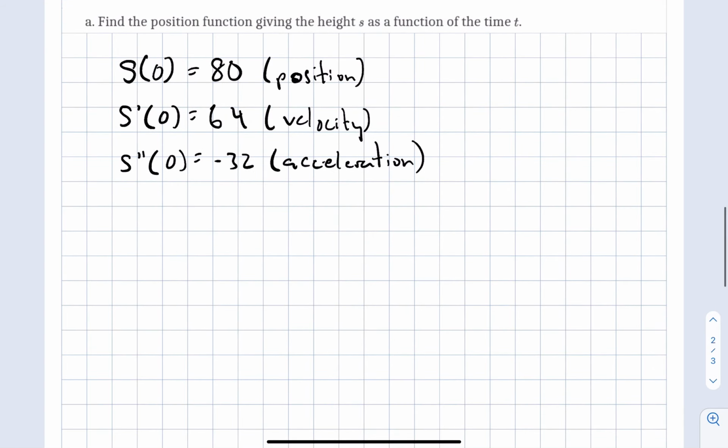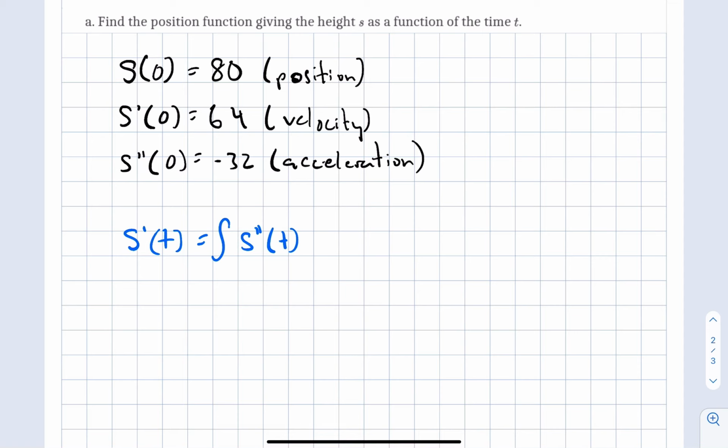We're going to say here, just a reminder, that the velocity function, we are essentially going to be integrating the acceleration function. Okay, so again, going backwards, we're going to go from acceleration to velocity, so we are doing the reverse of the derivative, which is finding the integral.